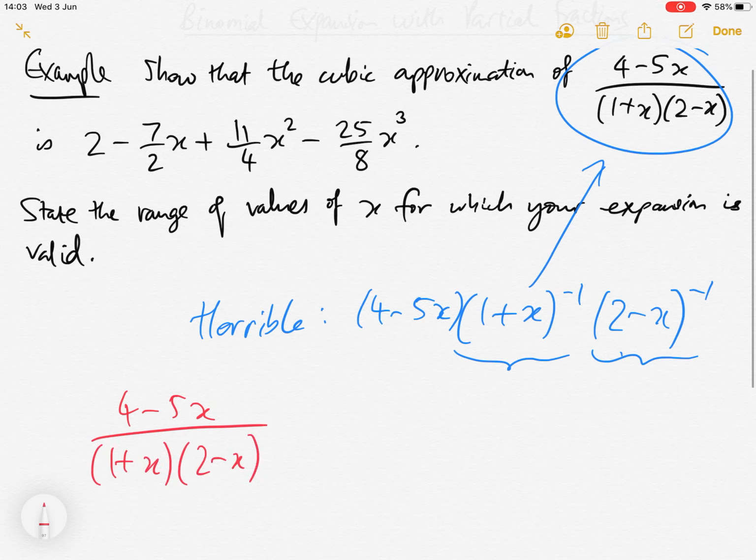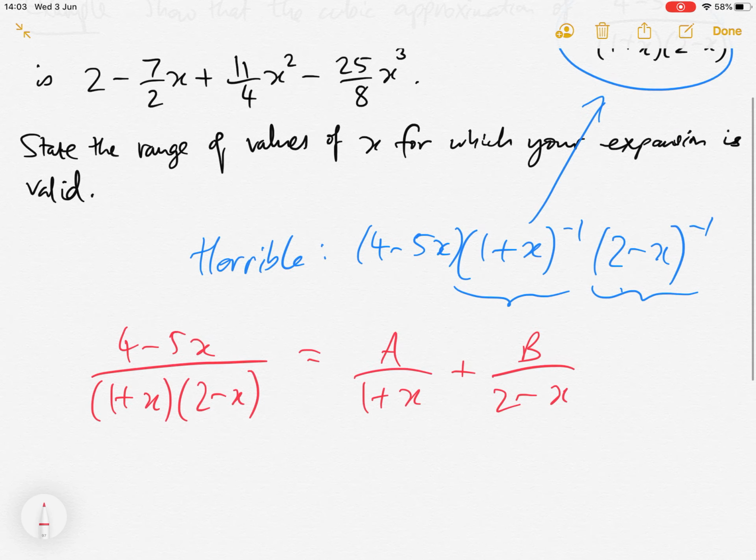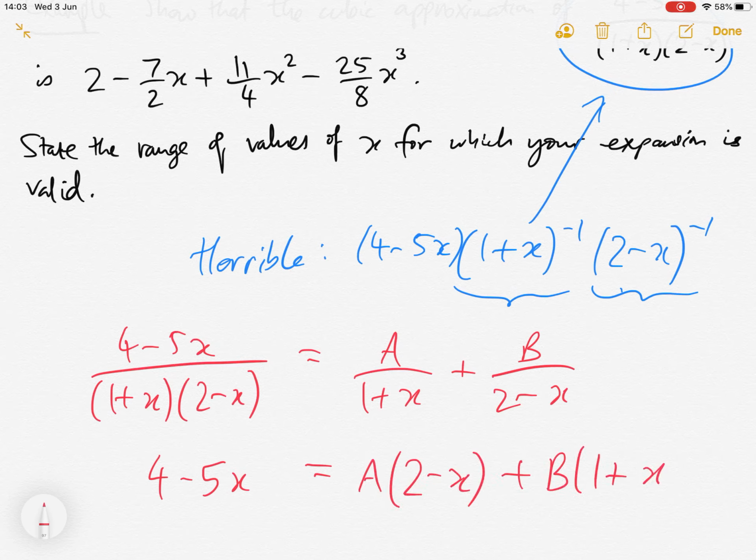So we need to write it as A over 1 plus x plus B over 2 minus x, where A and B are constants we need to find. So if we multiply everything through by the denominator, we get 4 minus 5x equals A times 2 minus x plus B times 1 plus x.